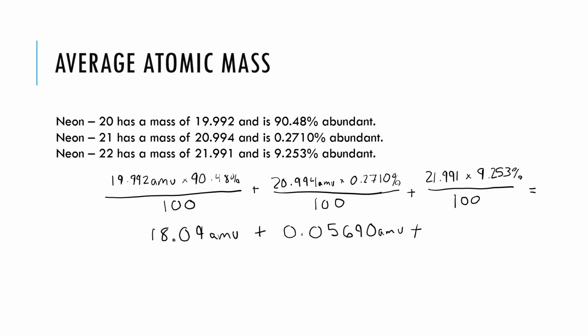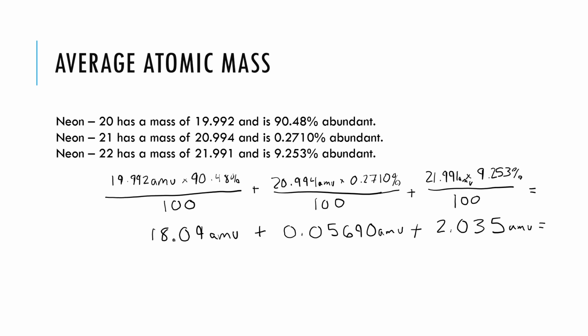And then our last one, 21.991 AMU, times 9.253 divided by 100, and we get 2.035. And those are our 4 significant figures.